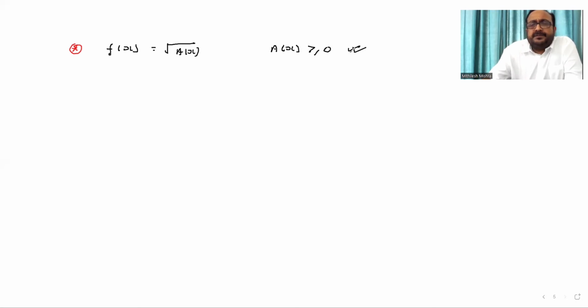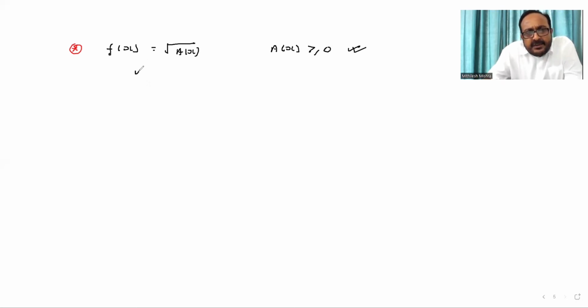See the next point. Any problem? Next point. If function is given in under root, f(x) is given in under root of any function, right? Naturally, g(x) must be greater than or equal to 0, and you will find the possible values of x, that will be the domain.